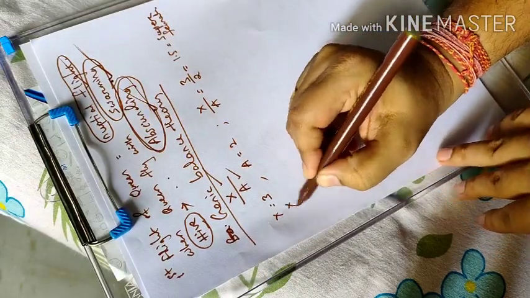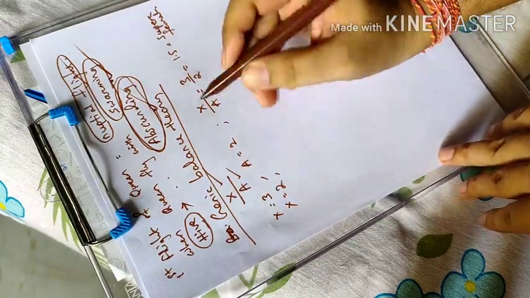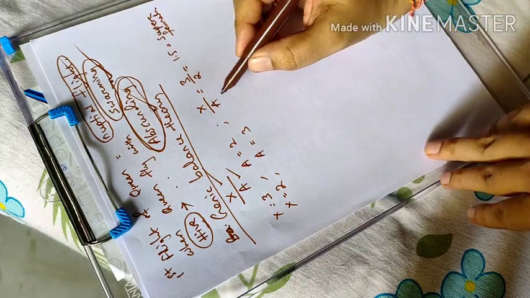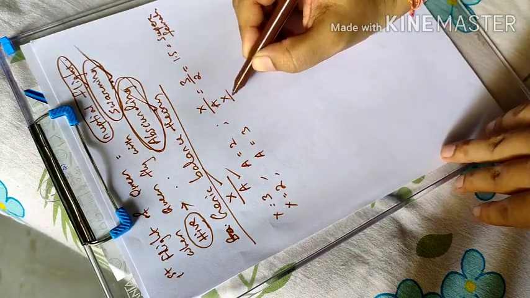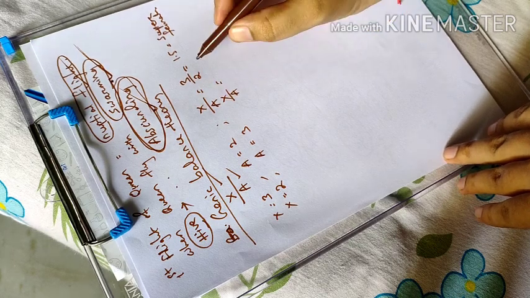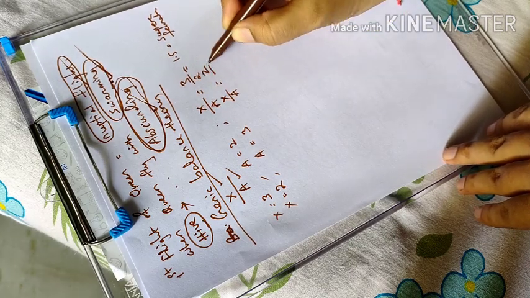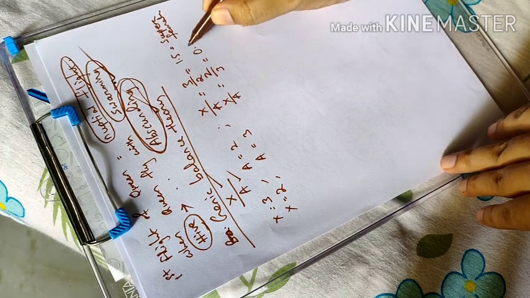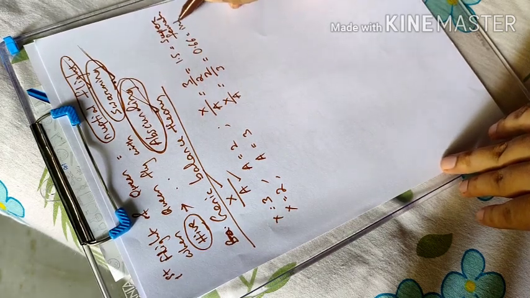If X is equal to 2, A is equal to 3, then the ratio X by A is 2 by 3, and it is 0.66, intersex.